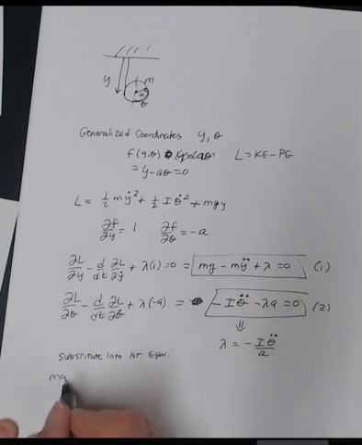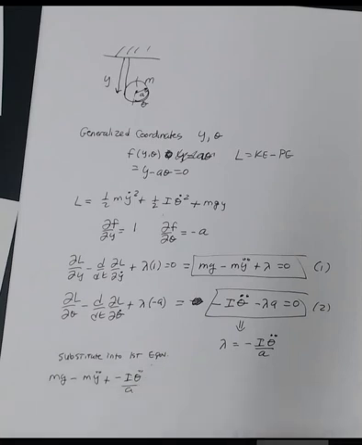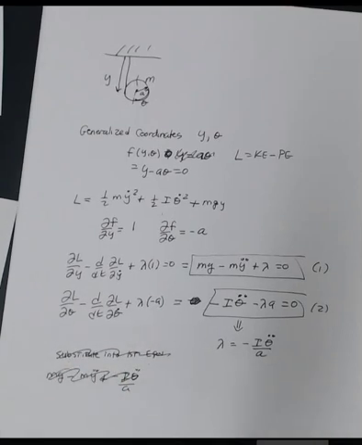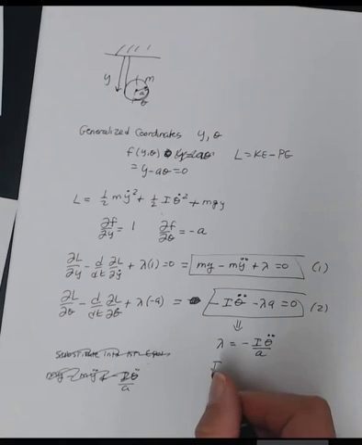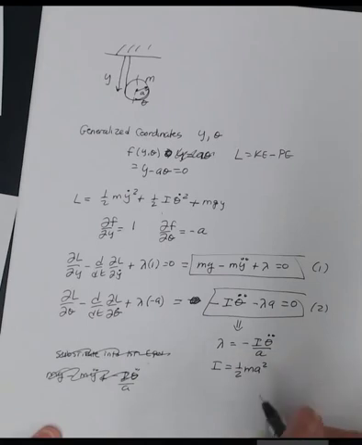So then I'll get mg minus m y double dot plus negative I theta double dot over a. Well, that's not what I want to do. Okay. I have this. What do I want to do with that? I know what I is, by the way. I is 1/2 m a squared, the moment of inertia for this disk of radius a.